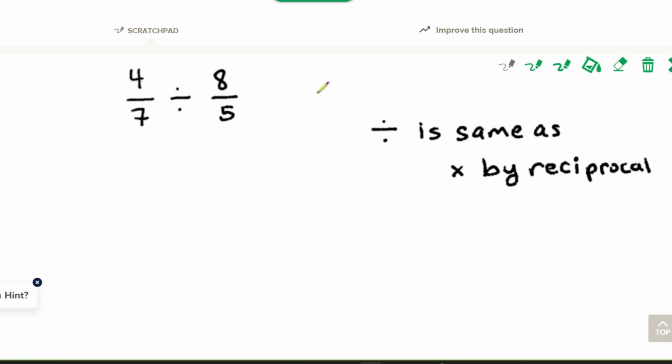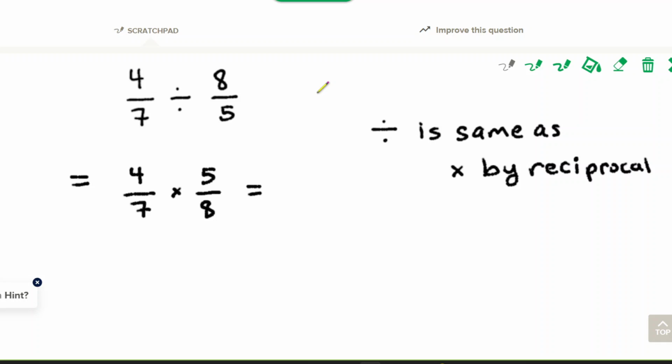So any time I see a division problem with the division symbol like this, I can rewrite it as 4/7. The first fraction's not being changed. What's being changed is what we're dividing by. Change division to times, and then the fraction we're dividing by, we multiply by its reciprocal. So instead of divided by 8/5, we have times 5/8. And those are equivalent. Dividing is the same as multiplying by the reciprocal.